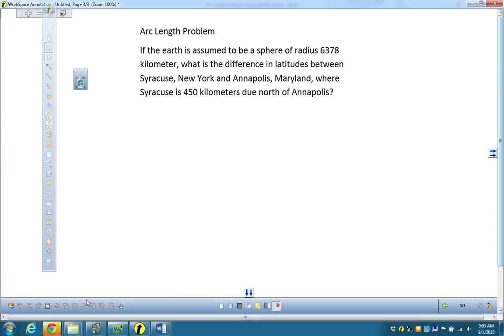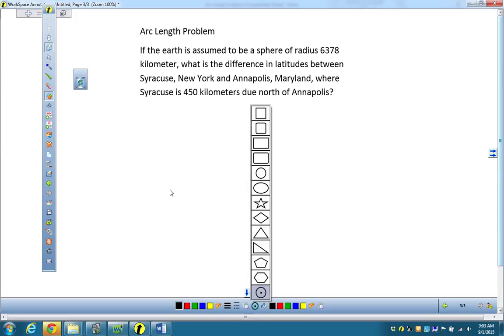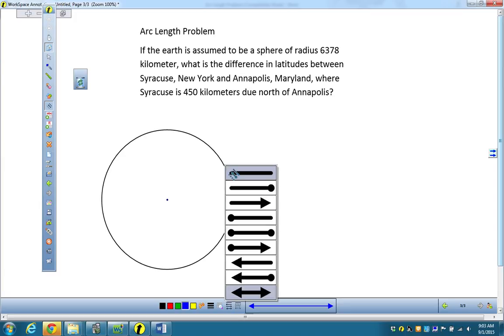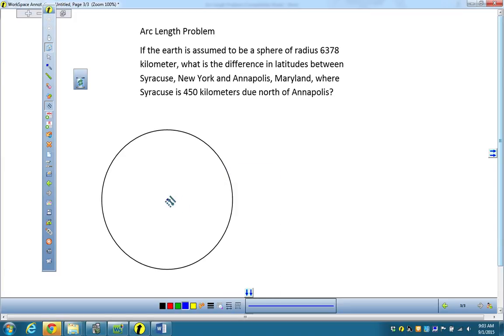Okay? So what you have to do is pretend that this is the Earth. So here is the Earth, right here. And on the Earth, you have Syracuse, New York, and Annapolis, Maryland.